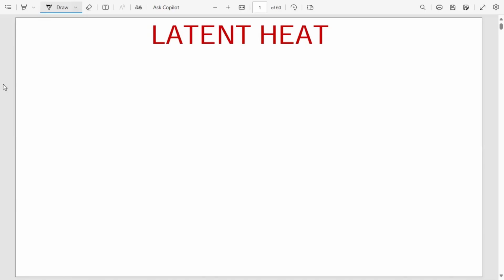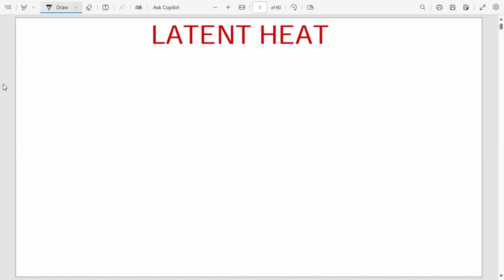So the energy Q that is going to be required to raise that substance's temperature by 1 degree Celsius, or the energy that is going to be released when that substance's temperature drops by 1 degree Celsius, we call that concept the specific heat capacity, or heat capacity in general.